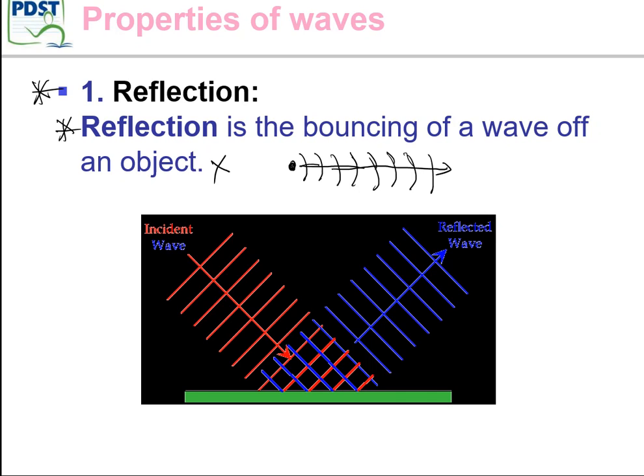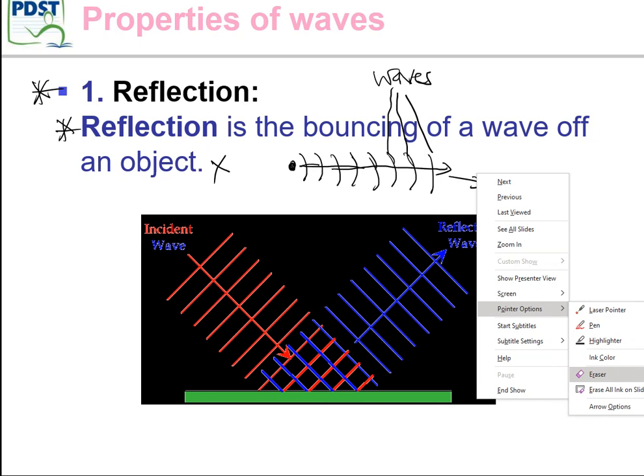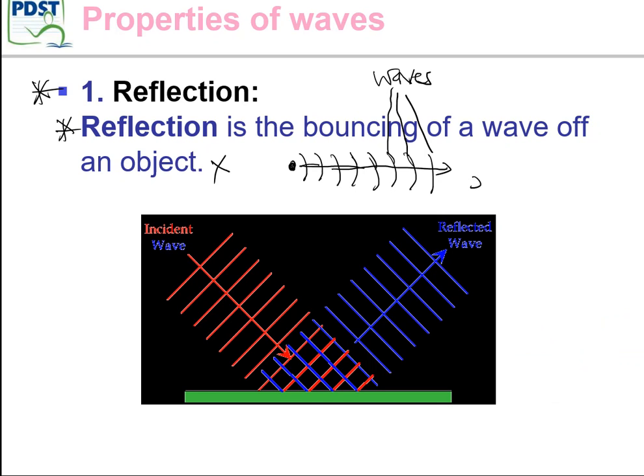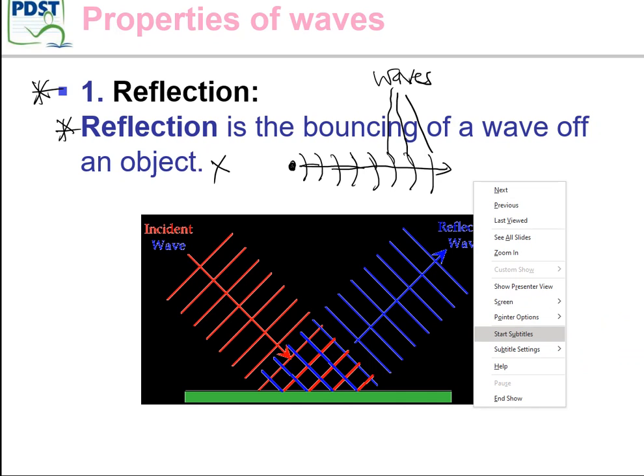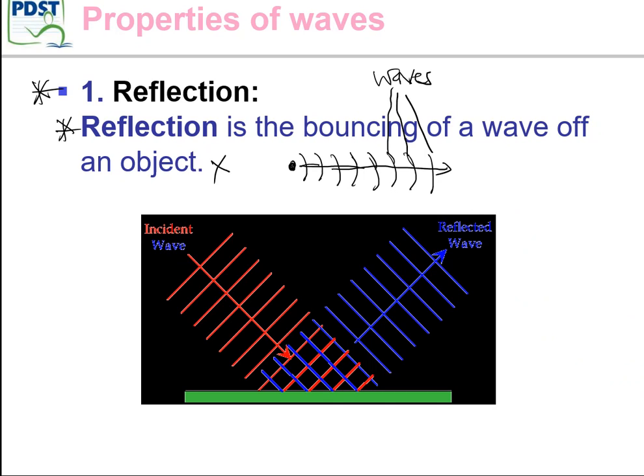So what we are saying is, when drawing a wave, these lines that we have here are the waves we are talking about. The line showing the direction of a wave is called a ray. Usually a ray is a line that is perpendicular to the actual wave.